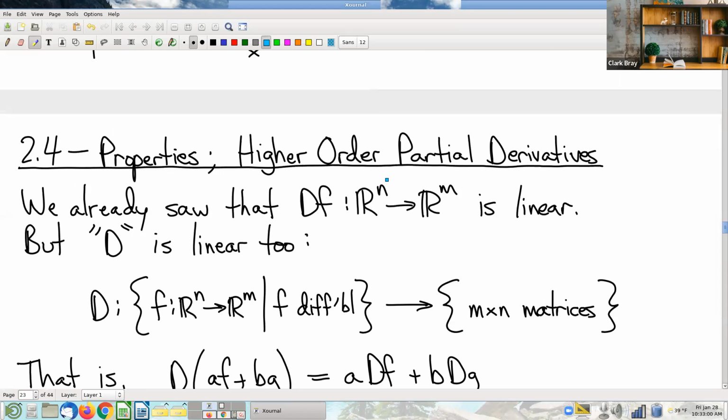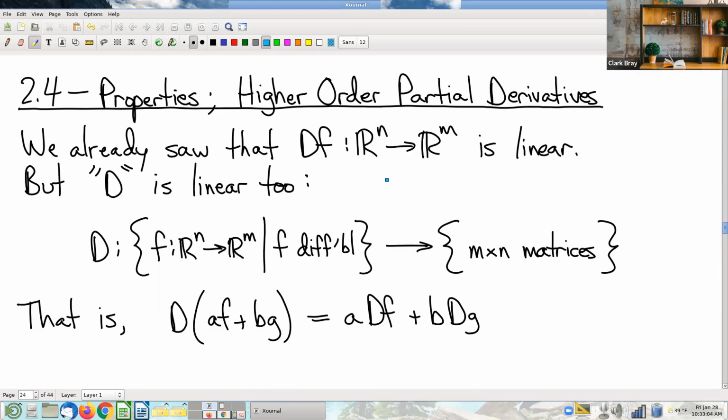All right, so there's an observation that has to get made here. By the way, in section 2.4, there's a bunch of stuff in there that I'm not going to talk about. It is all fair game. It is all stuff that you're responsible for.